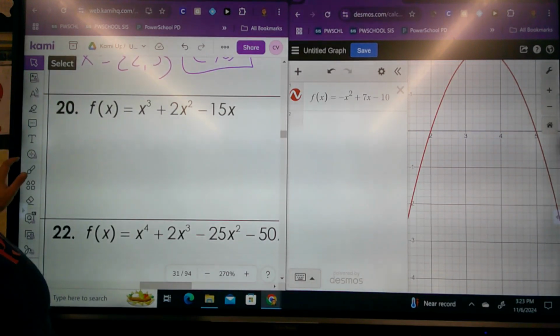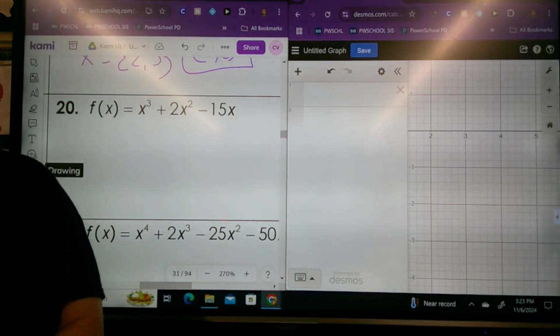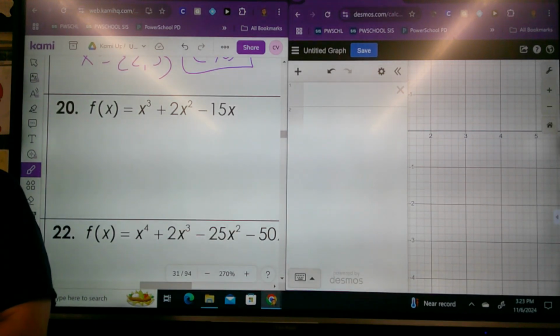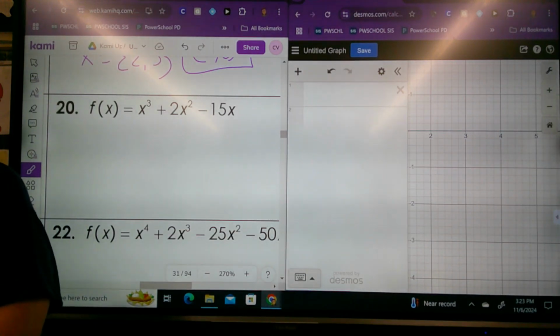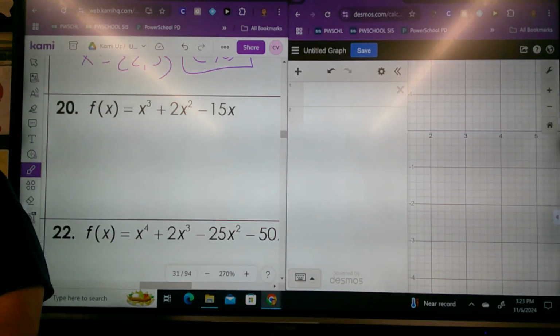All right, 20. f of x. Can you do it without the f of x? Yes. x cubed. I gotta click on it.